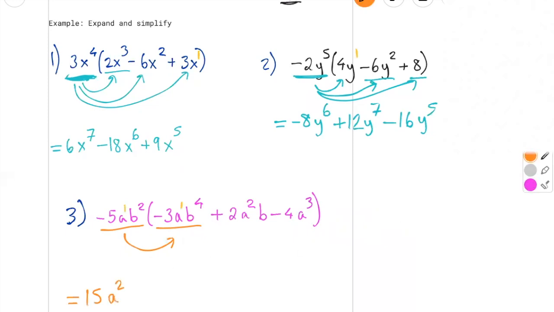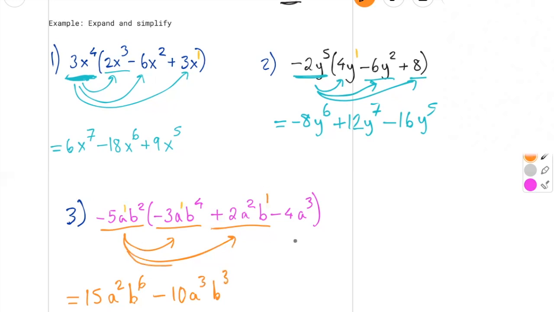B to the 2 times B to the 4 gives us B to the 6. Then again, continue. Multiply once more. Negative 5 times positive 2 gives you negative 10. A to the 1 times A to the 2 is A to the 3. B to the 2 times B to the 1 is B to the 3. No exponent on this B. It's assumed it's a 1.